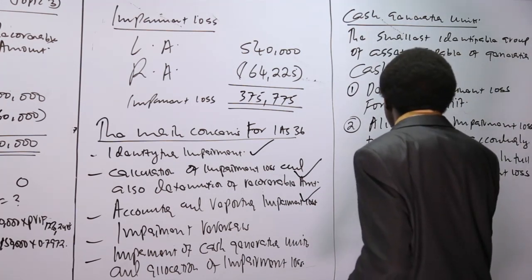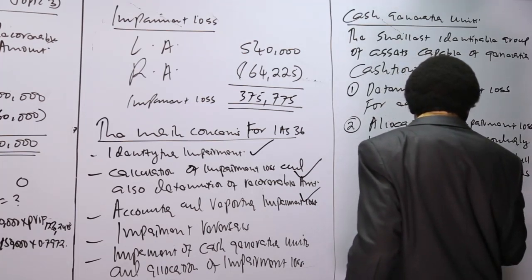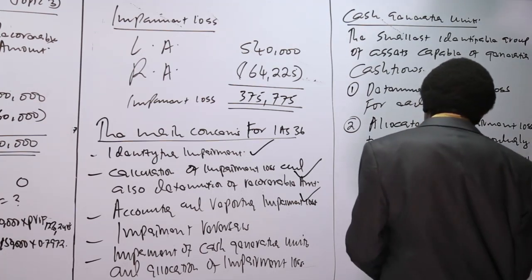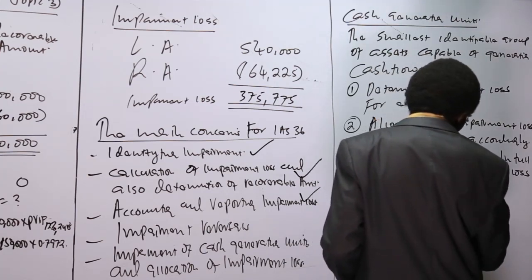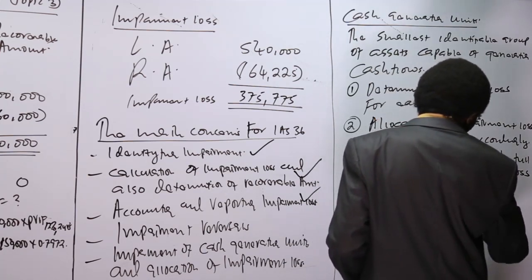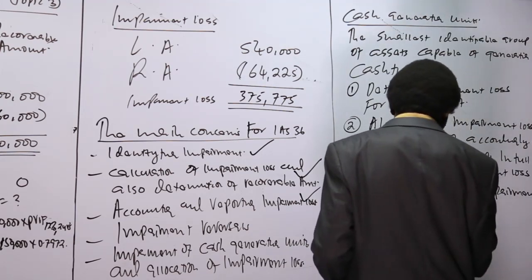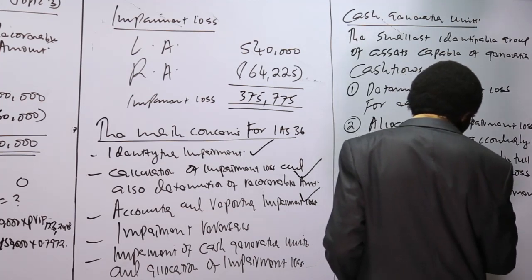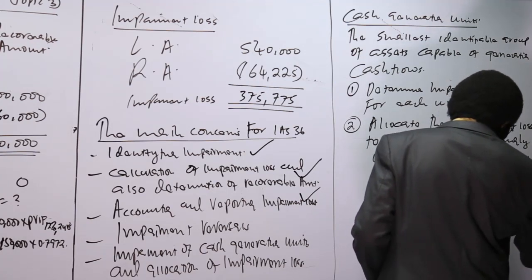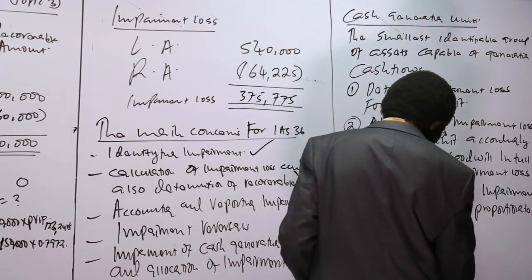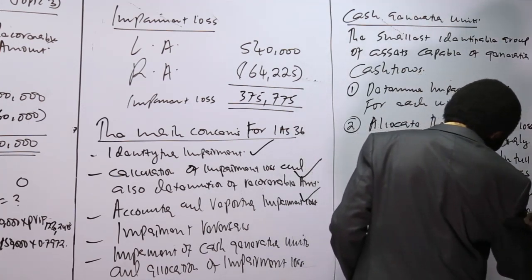Roman 2, the remaining impairment loss will be allocated proportionately to the other assets.